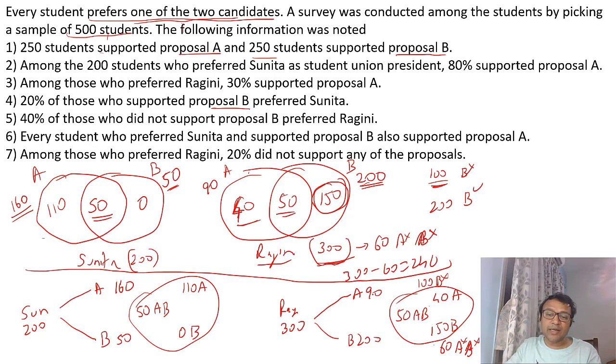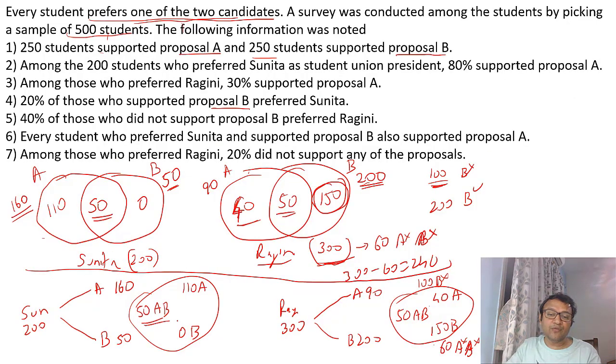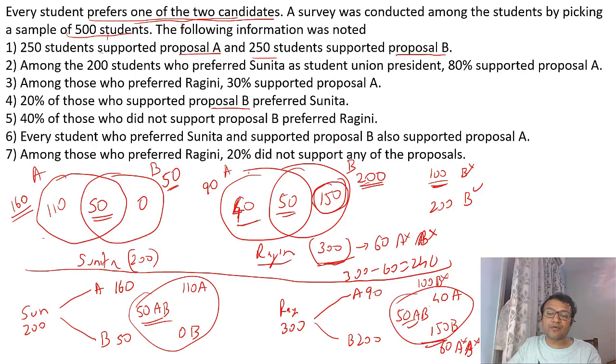So supported A was 90, so not supported A was 210. 210 out of 250, 84%. What percent of students surveyed supported both proposals? So both were 50 and 50, so 100. So 50% supported Sunita and 50% Ragini. How many students surveyed supported B, did not support A? So only B and Ragini is 150.